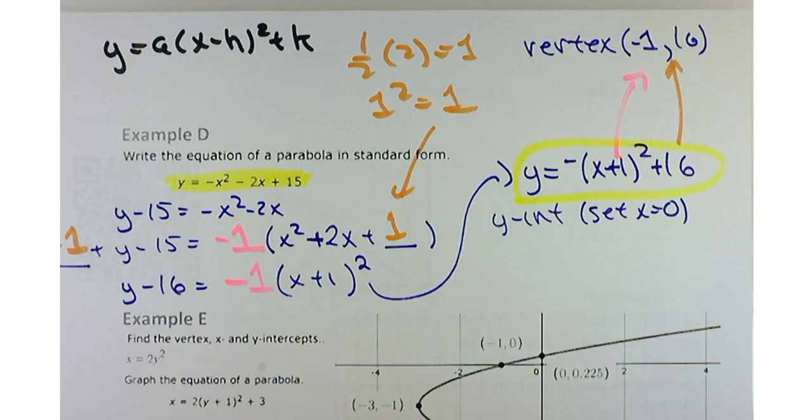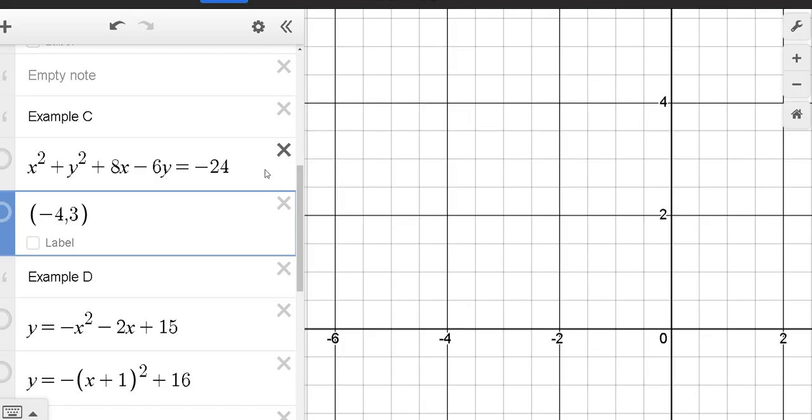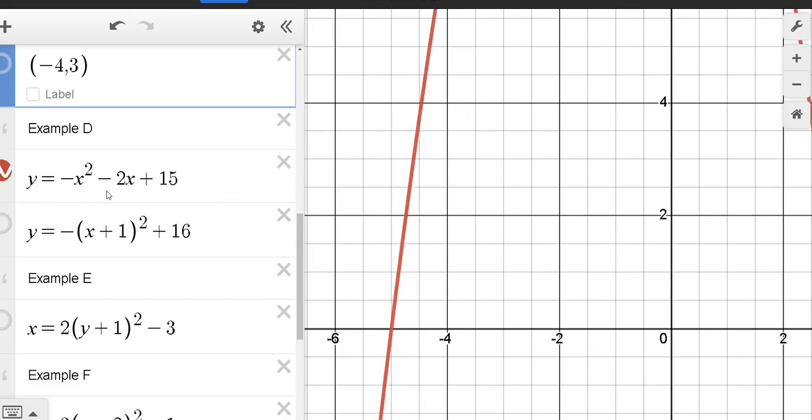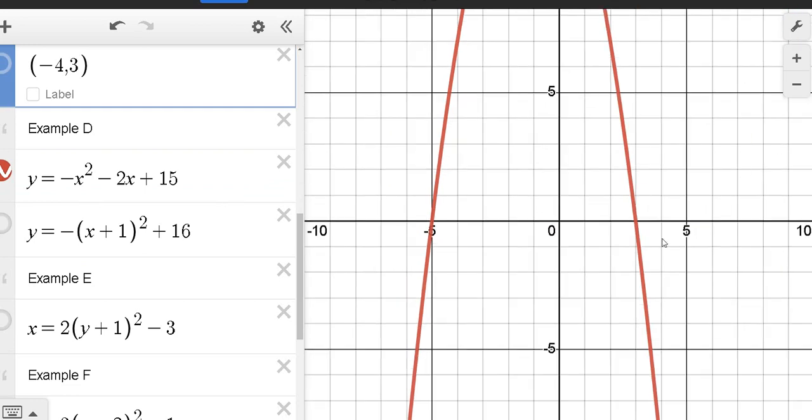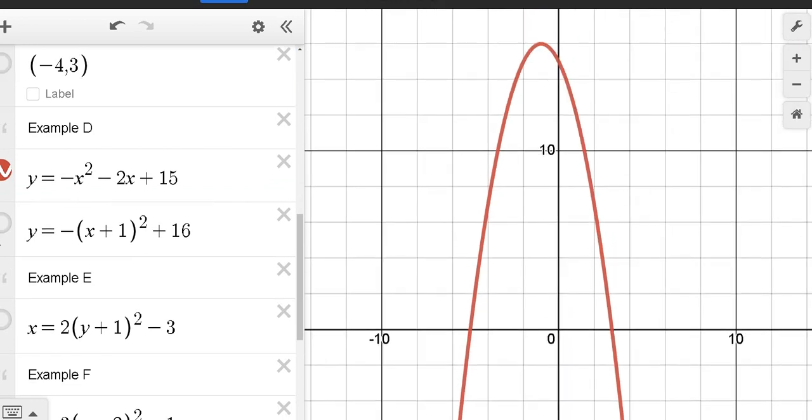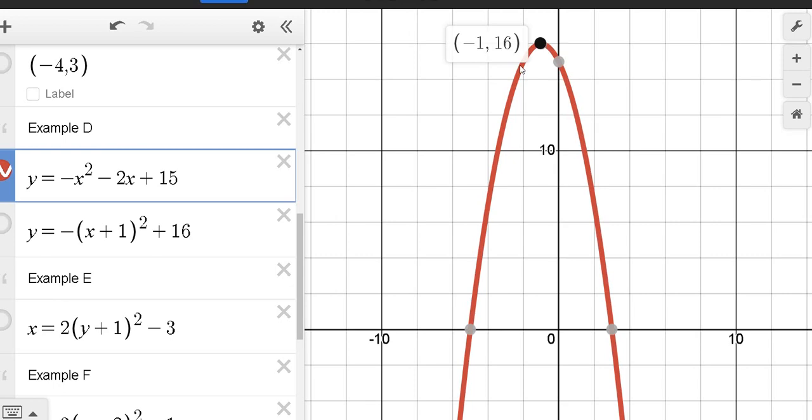Let's take a quick look at that. So here's one equation, and let me zoom out a little bit. Here's the other version of that equation, and notice that the graph lies right on top of it. So there's your vertex. Let's see about the y-intercept.